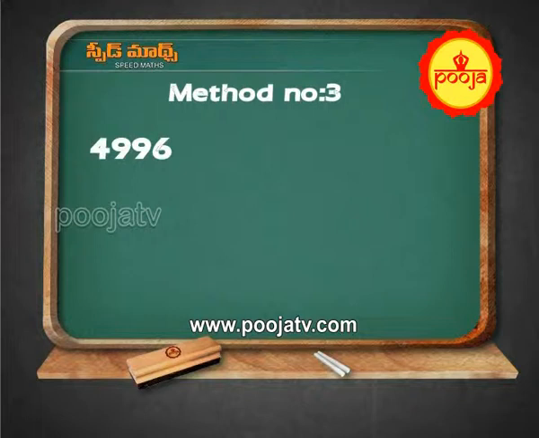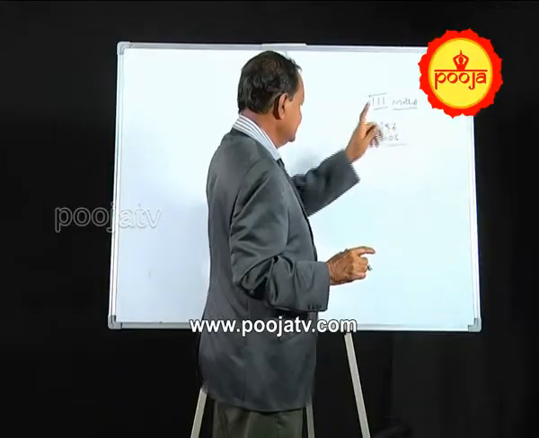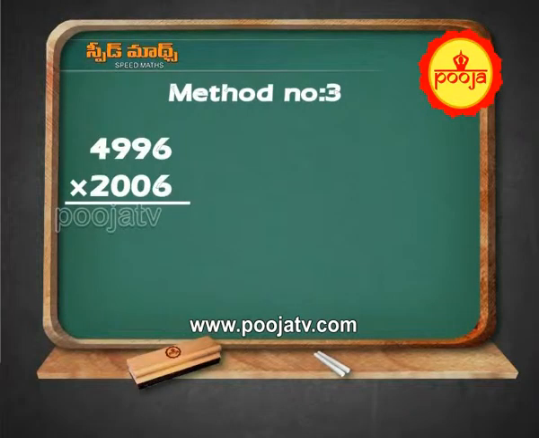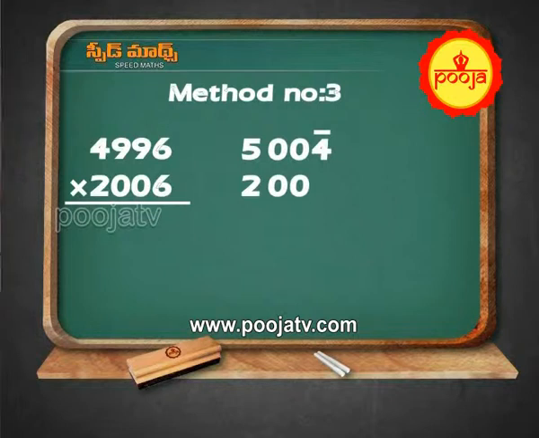4996 into 2006. Here 4996 is a bigger number. 4996, write it as 5000 minus 4. 2006, write it as 2006. Am I clear?